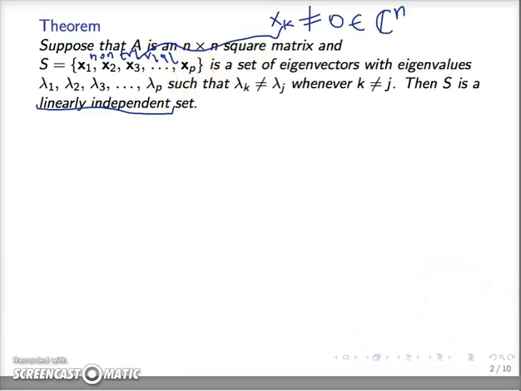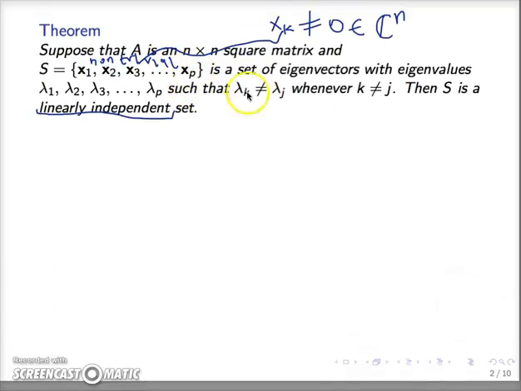is linearly independent. So linear independence is something that would involve a linear combination. I'm going to use alpha to denote scalars, and say, for example, the sum of alpha sub i times x sub i equals 0, where i is an index running from 1 through p.